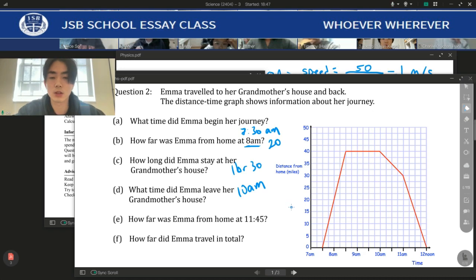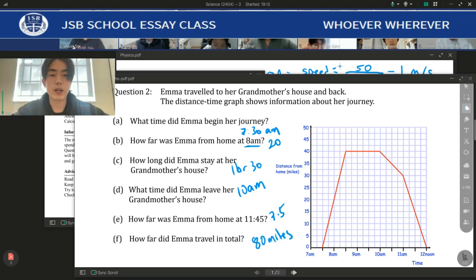Timothy? 7.5. And then F, how far did Emma travel in total? Jacob? 80 miles. Good. That's all good.